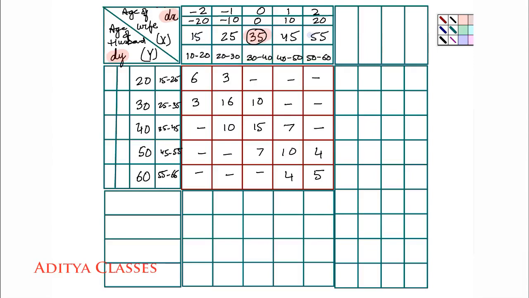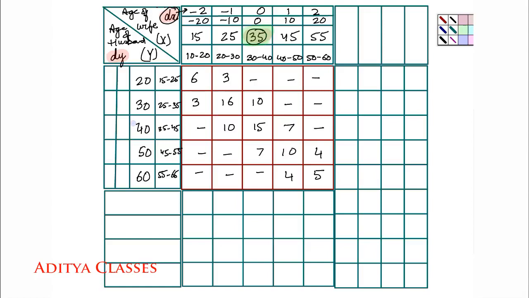From these mid values, I assumed 35 to be a reference point, and taking that reference point, I found the deviations of all other values, and I realized that these values can be compressed a bit further to these values. So this will be my dx.